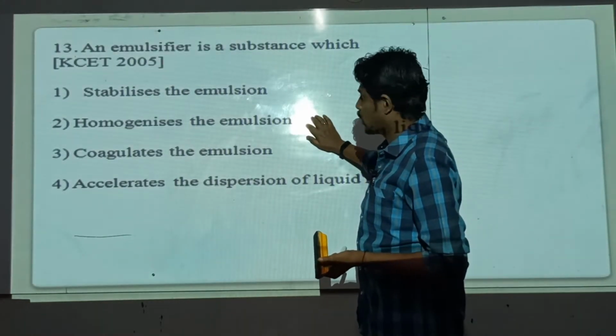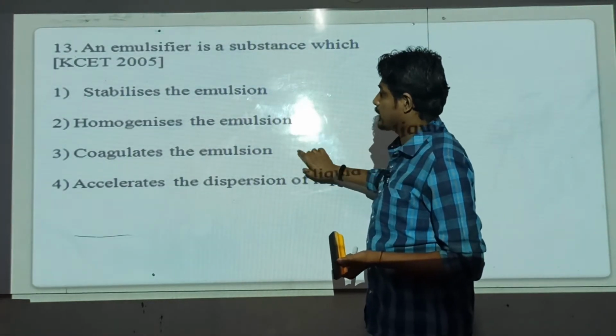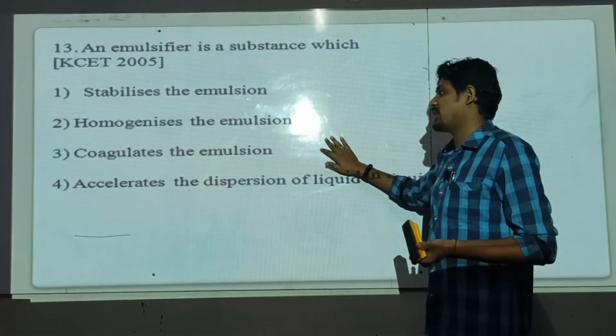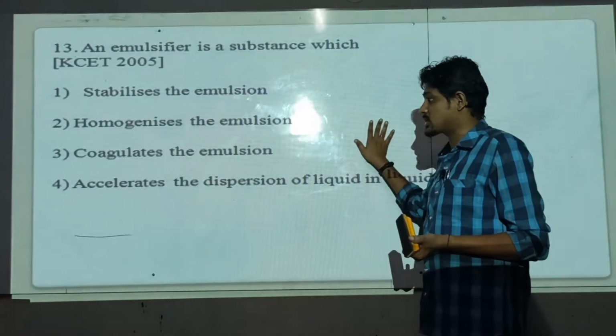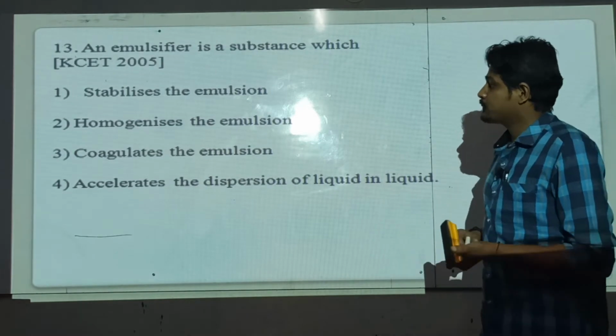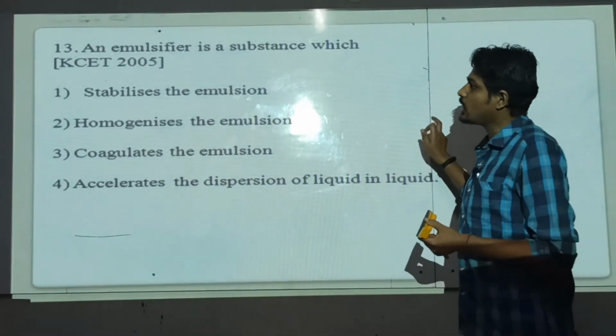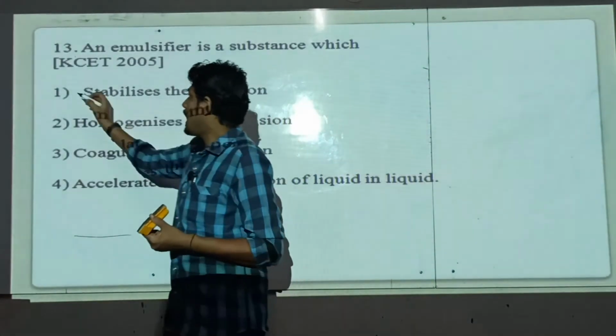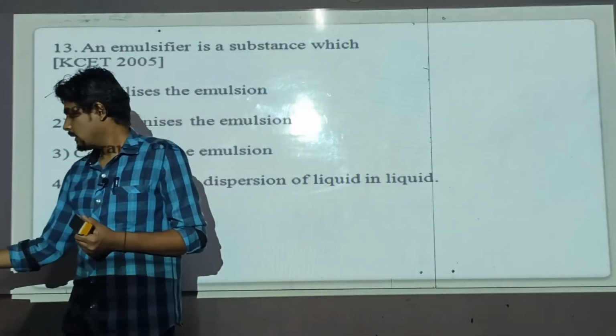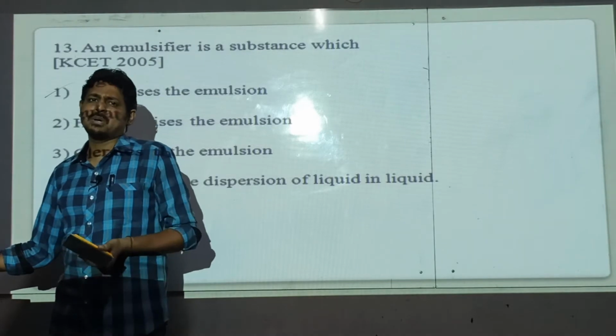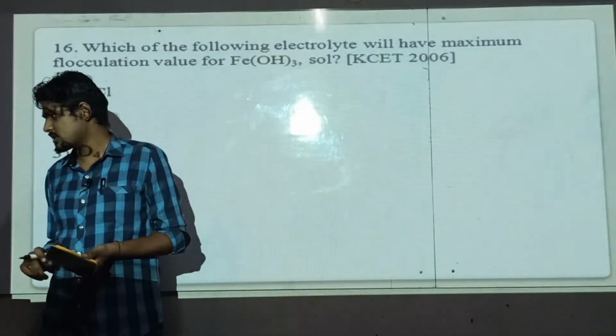Homogenizes the emulsion, no. Coagulates, no, an emulsifying agent does not precipitate the emulsion. The fourth one says accelerates the dispersion of liquid in liquid, no. First one, it stabilizes the emulsion. You should remember these direct questions on emulsifying agents.